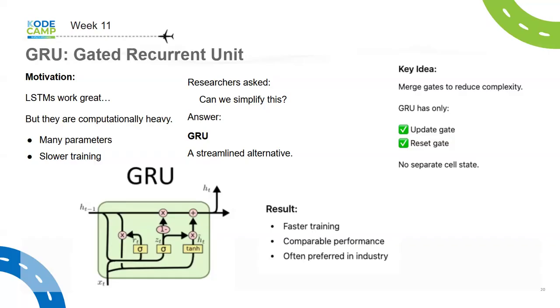The main reason was that LSTMs were very good for solving those long sequence problems, but the main problem with them is that they are slow. We're actually going to see it when we use an LSTM versus a GRU to train on a sequence of words or sentences.